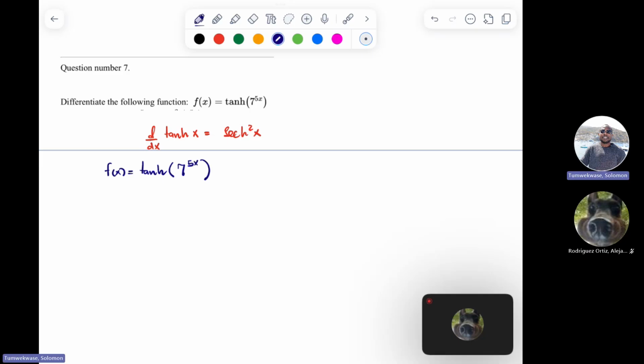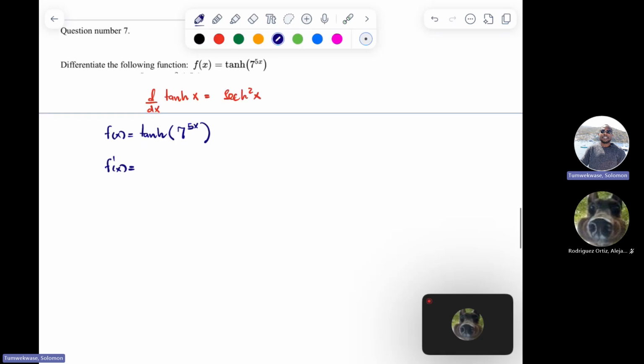Now we have to do some chain rule here. So the derivative of this is, by chain rule, the derivative of tan hyperbolic, which is sec hyperbolic squared. We keep the angle the way it is, right? Then times the derivative of this angle. I hope we remember how to differentiate that from our previous discussion.